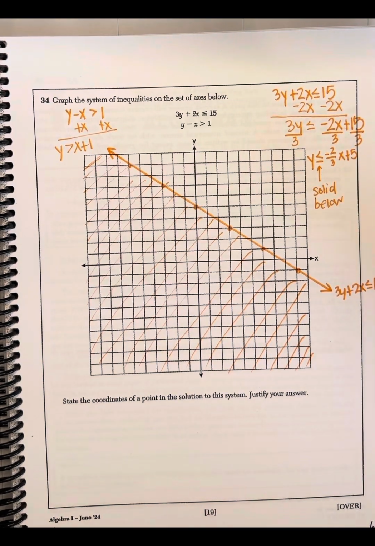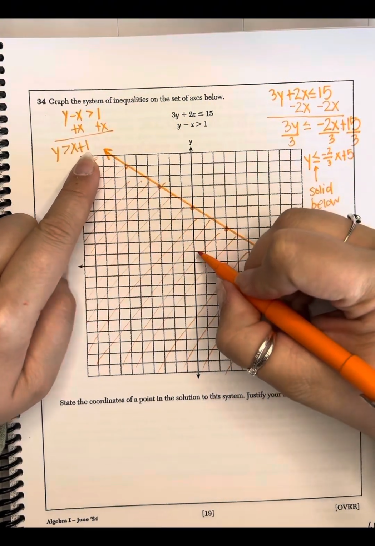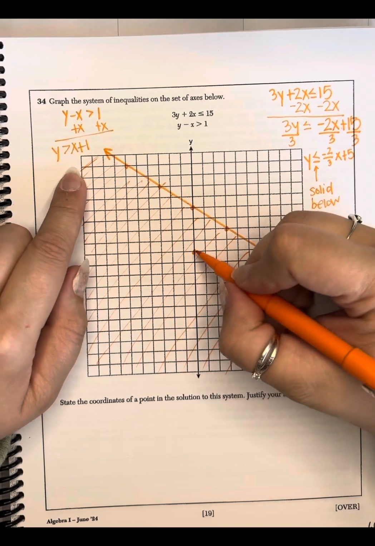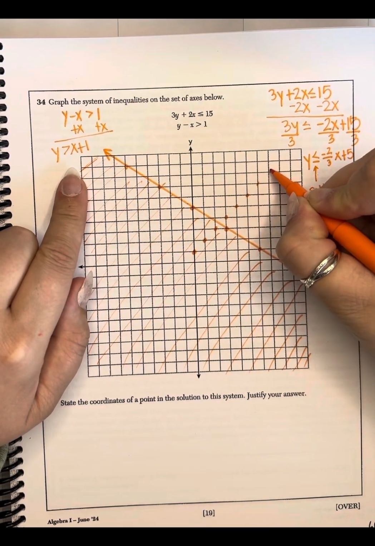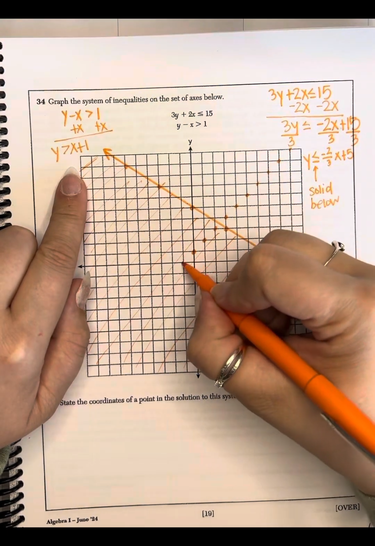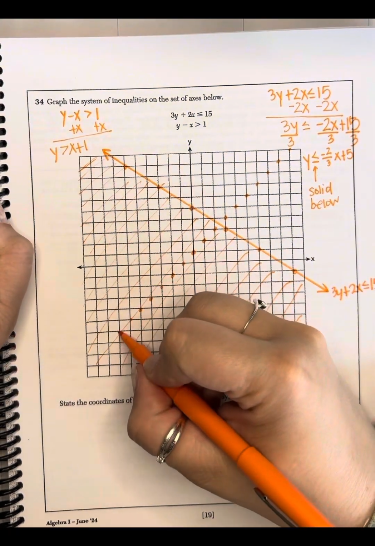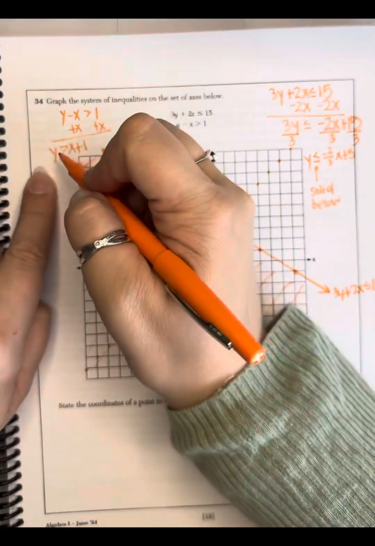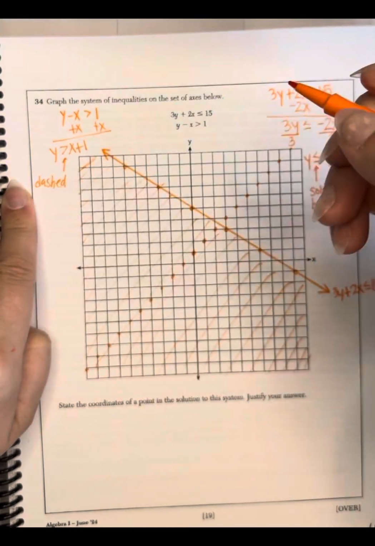Again, you could just put that into your y equals, go to your table and get your points. That's fine. Or you can start at the y-intercept, which is 1. And the slope is also 1. So you're going up 1 over 1 to get to the next point. Because it's not equal to, this time I'm on a dashed or a dotted line.